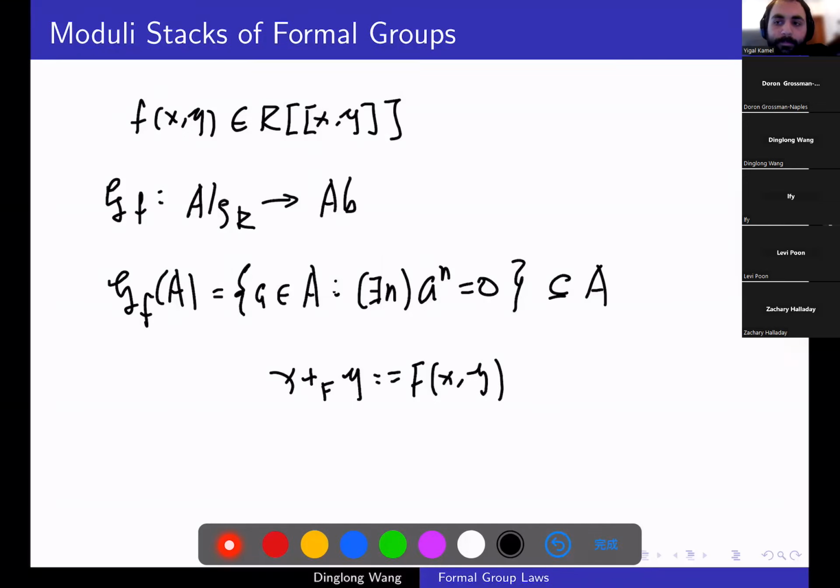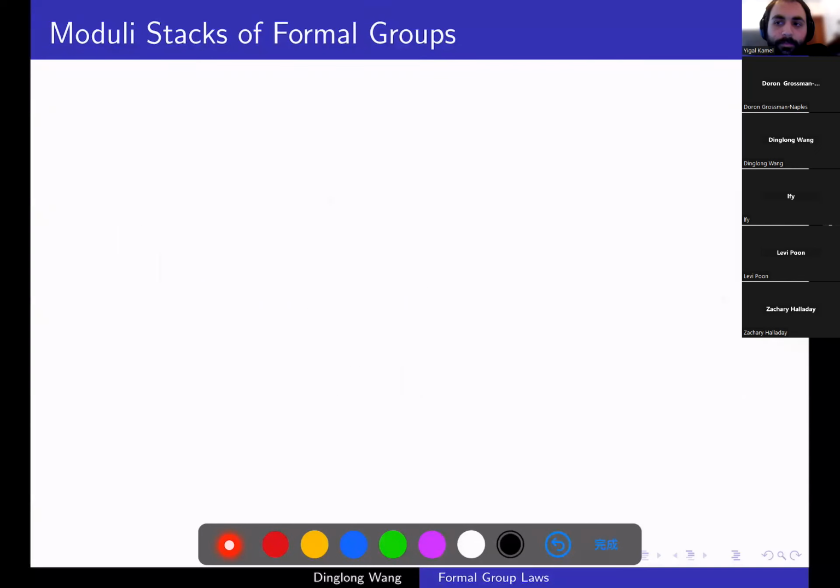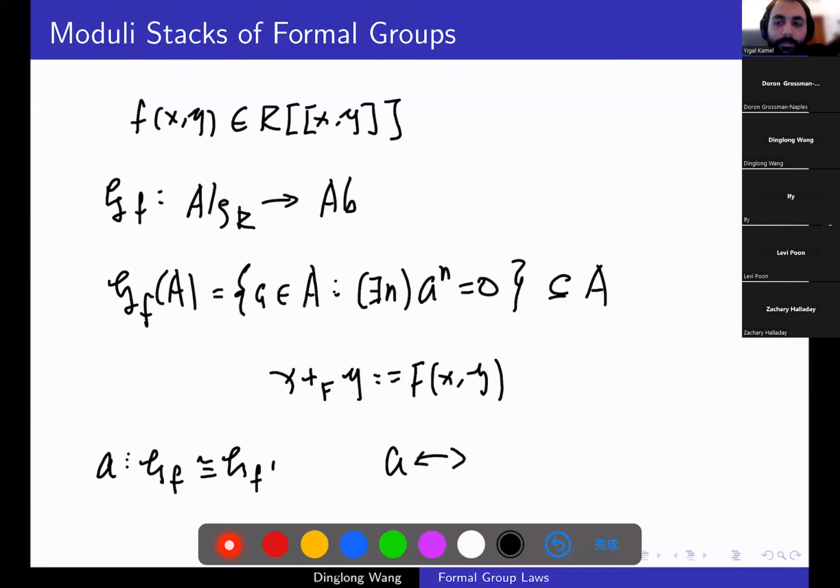If you have a natural isomorphism between two different formal group laws, then A corresponds to an element G in RG, where we have the relation that f of gx, gy is equal to g of xy.